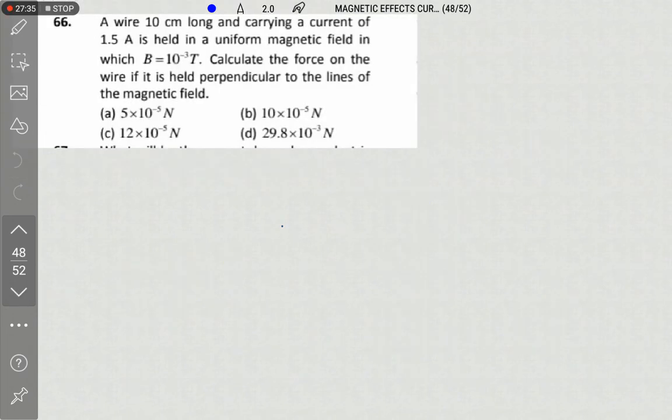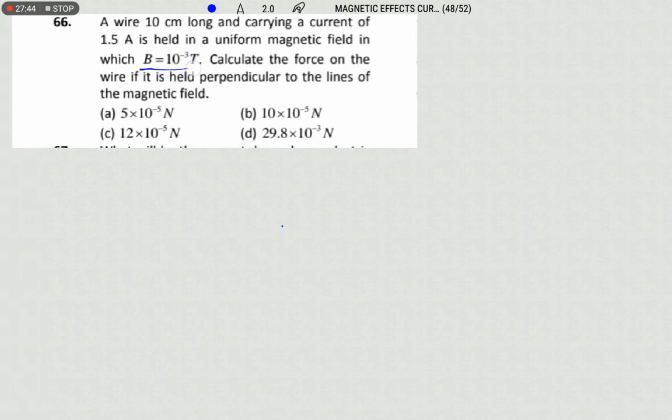A wire 10 centimeter long carrying a current of 1.5 ampere is held in a uniform magnetic field B equal to 10 power of minus 3 Tesla. Calculate the force acting on the wire if it is held perpendicular to the lines of the magnetic field. So they are asking the force acting on the conductor. So F is equal to ILB sin theta.